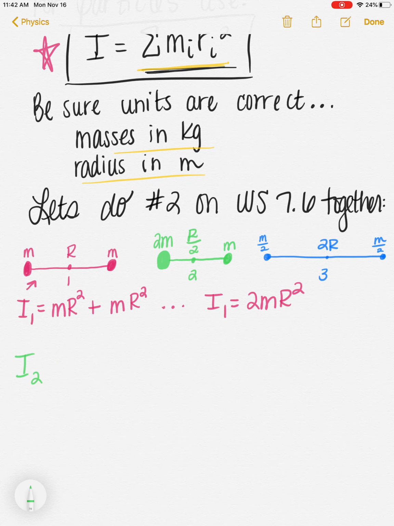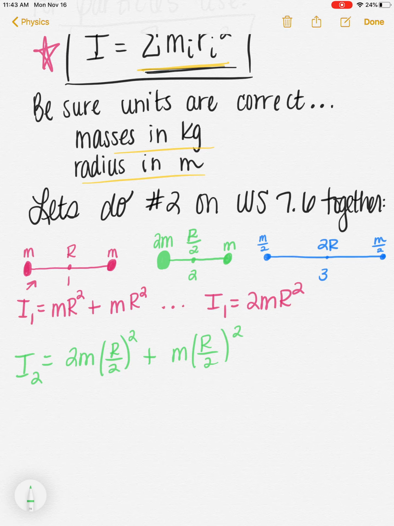So using that same logic, but looking at the middle scenario, this time the object on the left has a mass of 2m, and it's at a distance of r over 2, or 1/2 the radius. And we still have to square that because you take the mass times the radius squared. Then we add on the second object, which has a mass of m times r over 2 squared, because it's at a distance of r over 2.